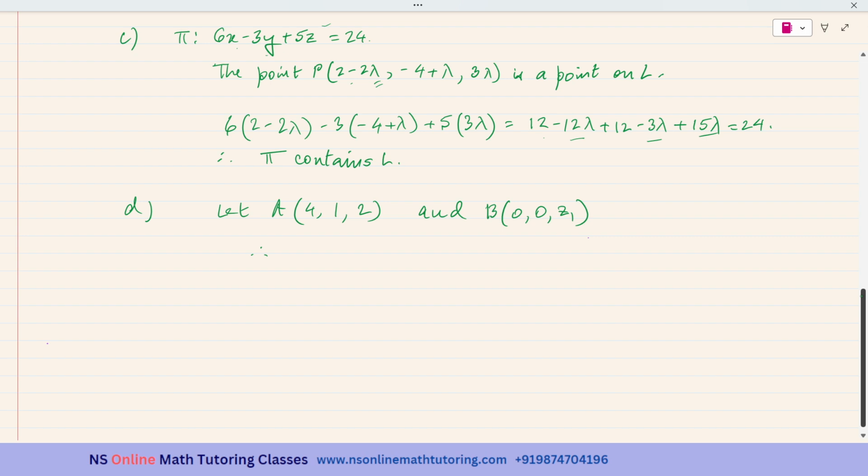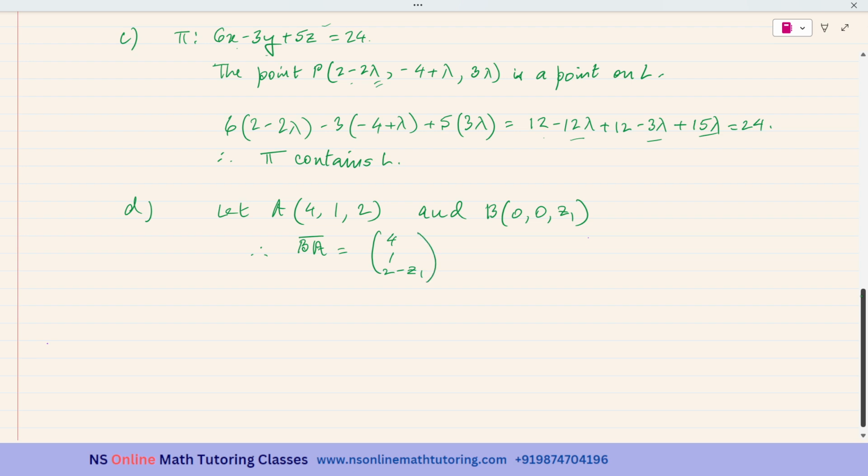So BA vector will be 4 minus 0 is 4, 1 minus 0 is 1, and 2 minus Z1.